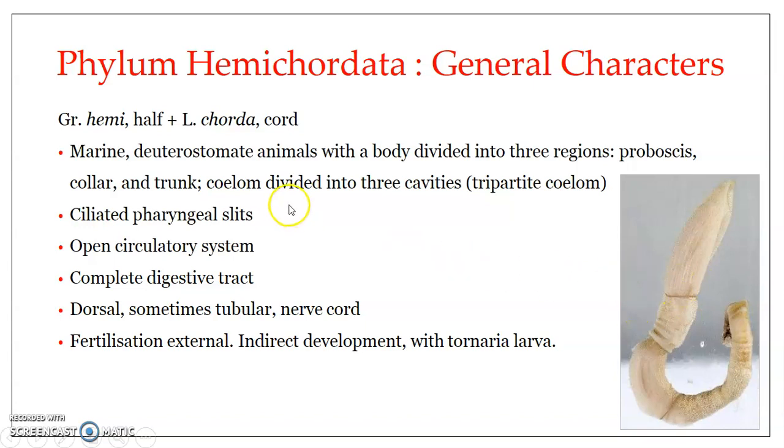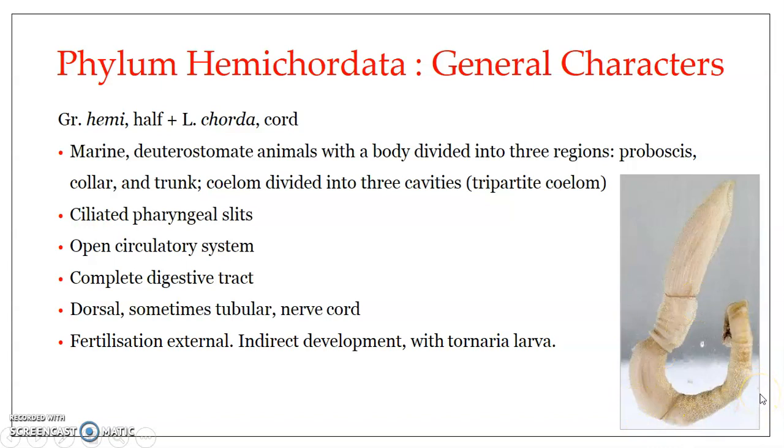As already mentioned, the body is soft, vermiform, and almost bilaterally symmetrical, with three unequal divisions. This part is the proboscis; here you have the collar and the elongated trunk region.